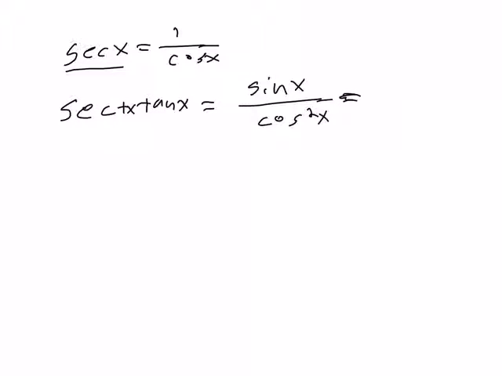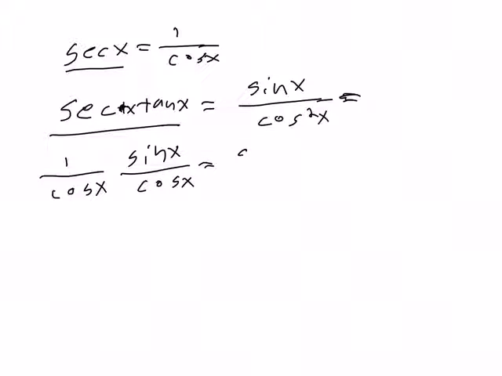Because secant x tan x is the same as 1 over cosine x times sine over cosine x, and that's equal to sine over cosine squared of x. So that identity is true.